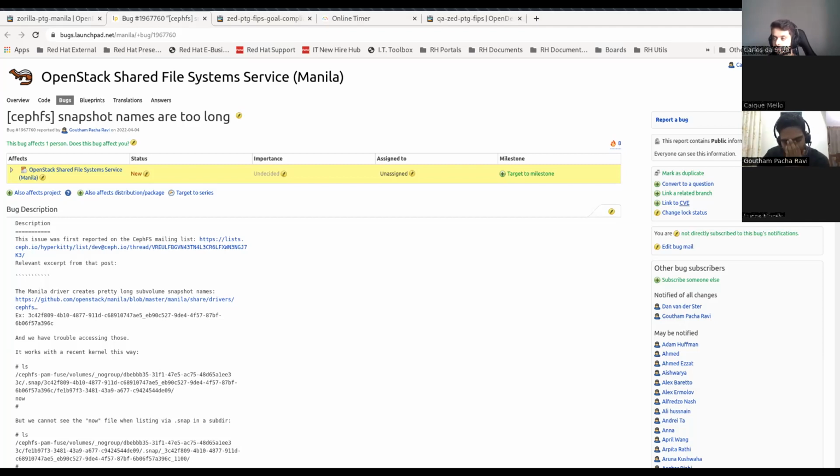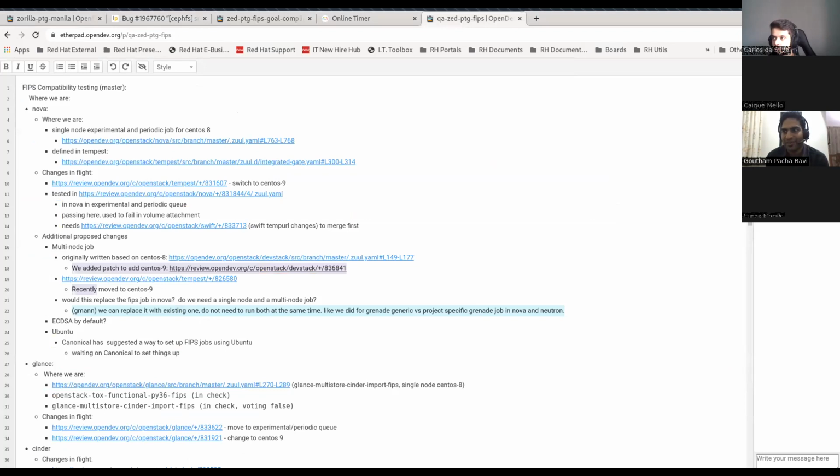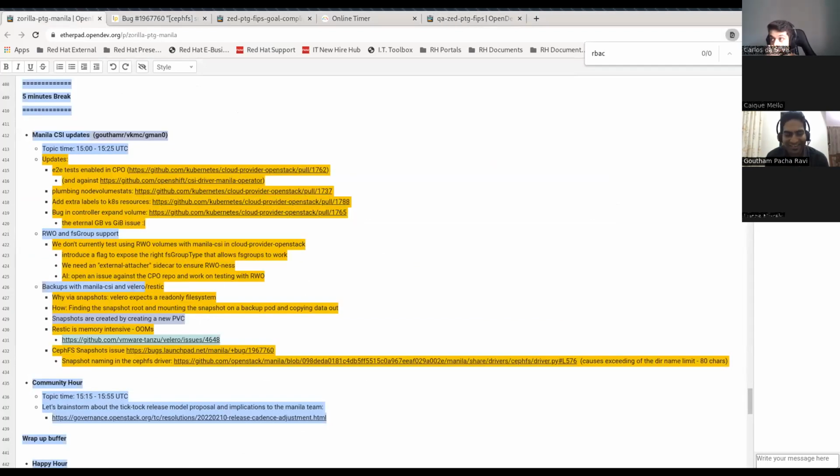Yeah. We have had this problem with other drivers, so it's brand new to Ceph, but it's happened elsewhere before. What we can do is have an alternate or fallback path.